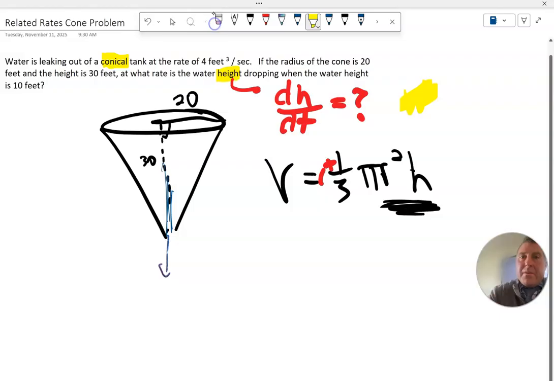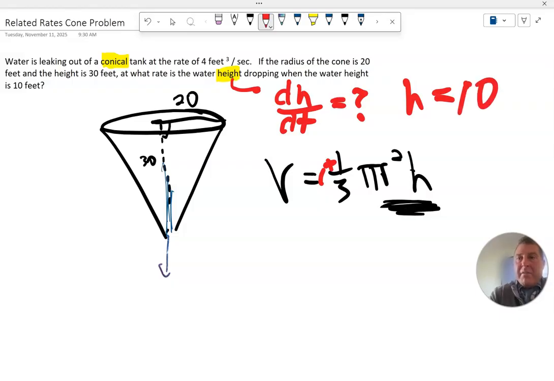Just consider that, look, it's asking me for a heck of a lot of information about terms that involve h's. I'm trying to find dh/dt, that's the rate of change of the water height, when the water height is 10. So there's a lot of h's in there, and there's not a whole lot of information about r other than the original radius of the cone is 20.